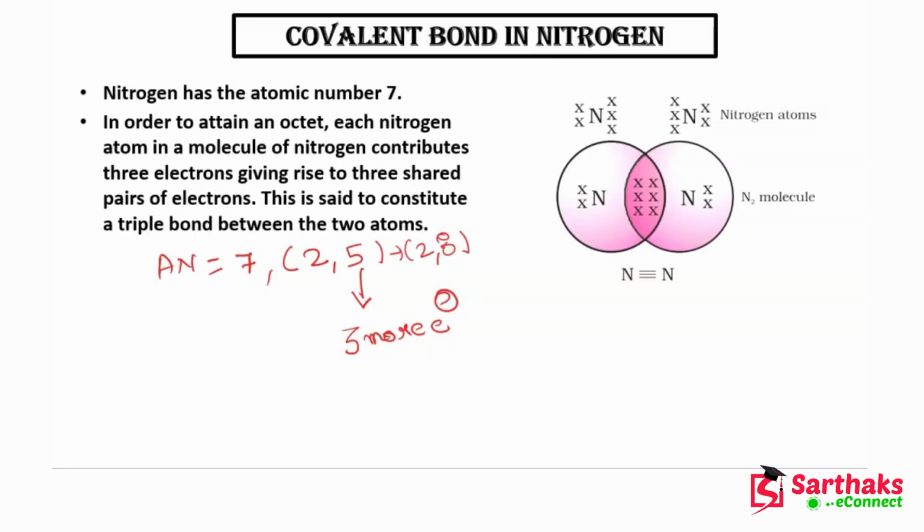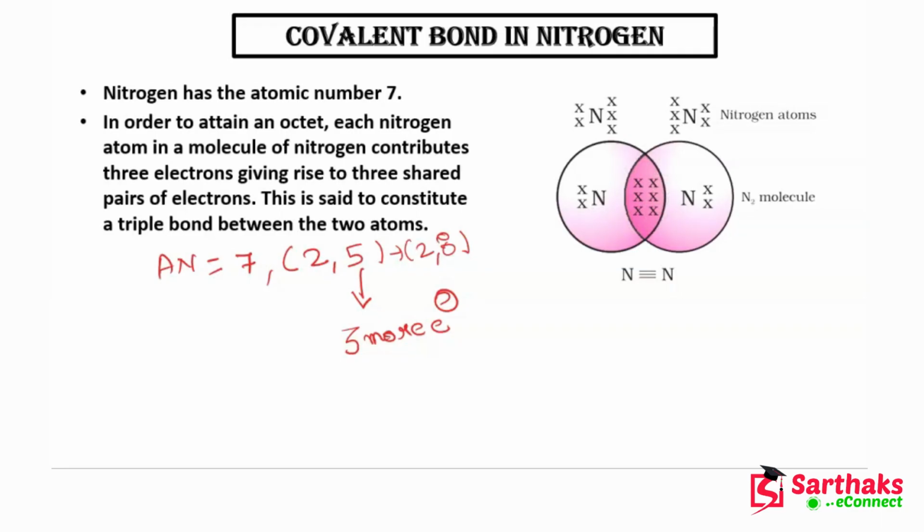So guys, what will this nitrogen do? If it shares 3 electrons with another nitrogen atom, then the octet of both elements will be completed. How does it get done? Let's see here.